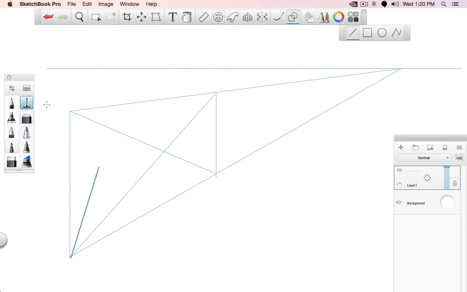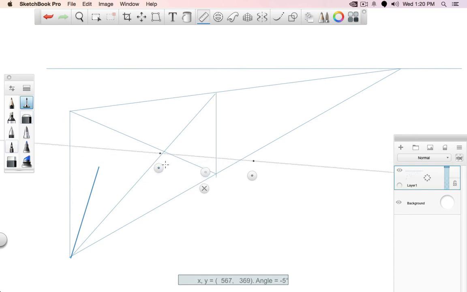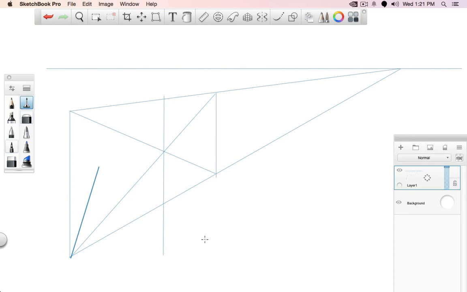Okay. Let's put down my vertical line there. So from this point I draw a line, not horizontally, because I'm drawing in one point perspective.